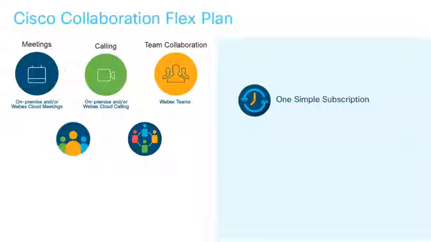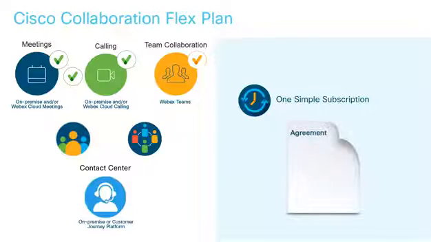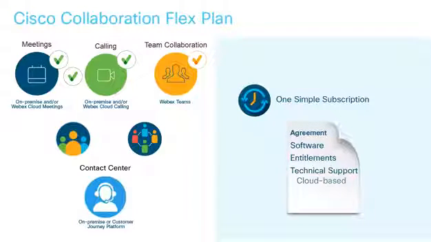Also included is the option to purchase Cisco Contact Center via the Flex Plan as a subscription. And seamlessly drive enhanced team collaboration with Cisco Webex Teams, which is included when the customer purchases meetings or when they purchase calling, or both meetings and calling. One agreement covers software, entitlements, and technical support for cloud-based and on-premises services. Contact Center has its own separate agreement.